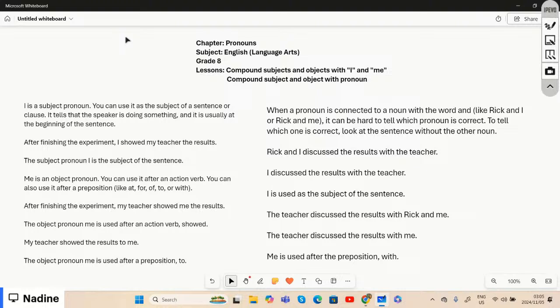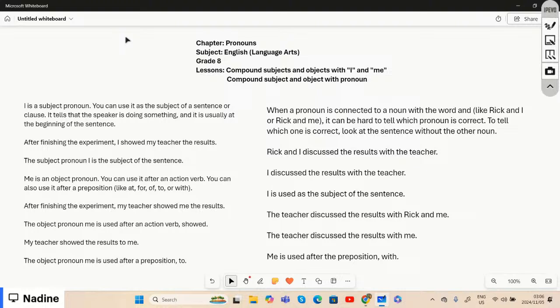So when it comes to pronouns, when we use the pronoun I and the pronoun me, we have compound subjects firstly and objects with I and me. We're going to find out how we can use I and how we can use me.